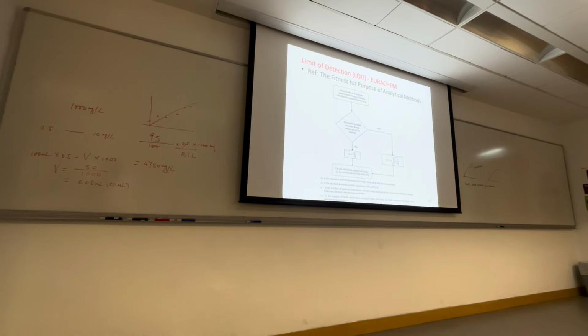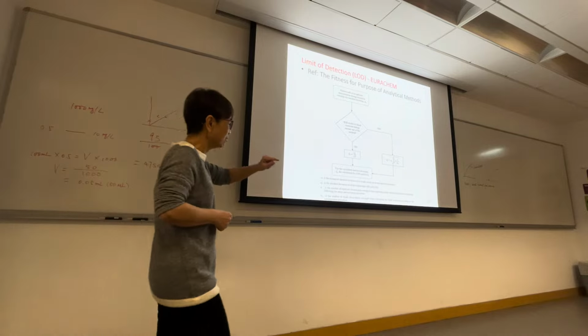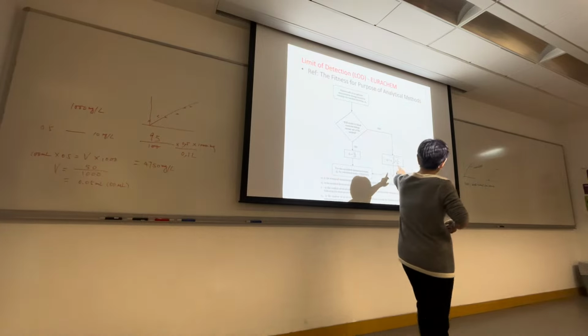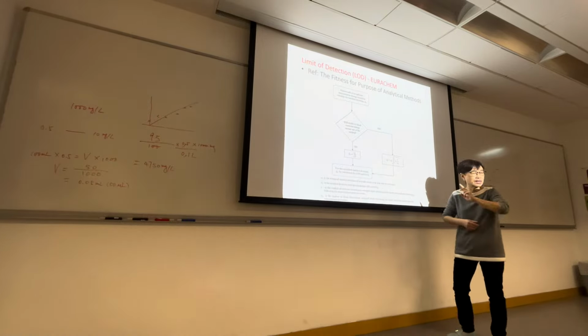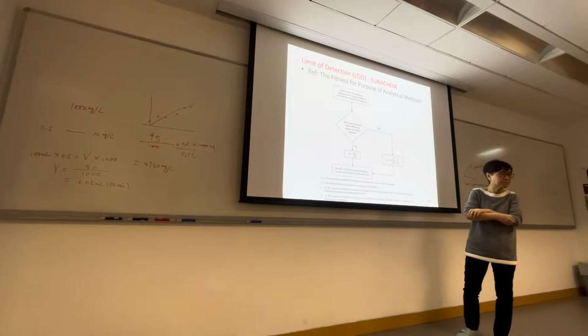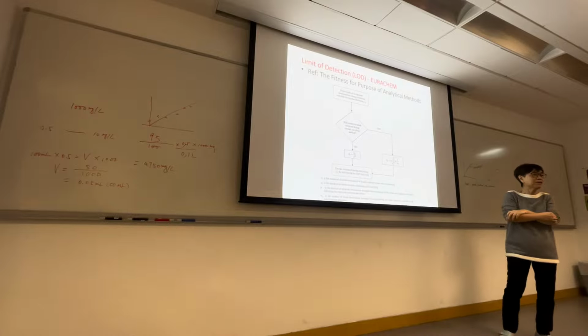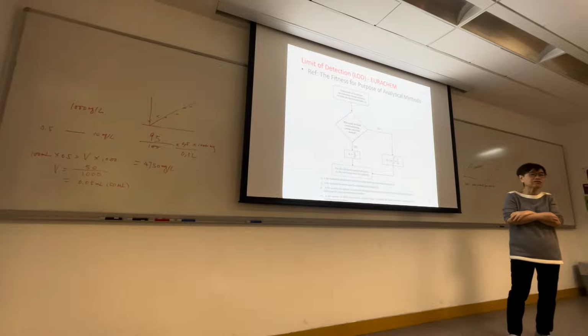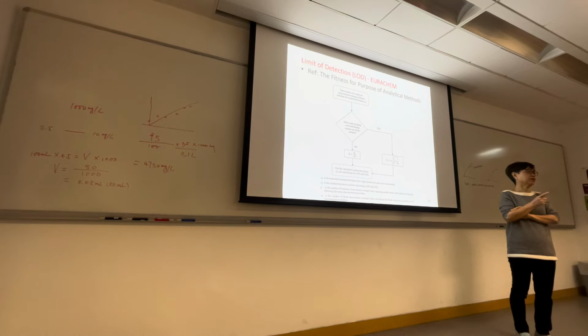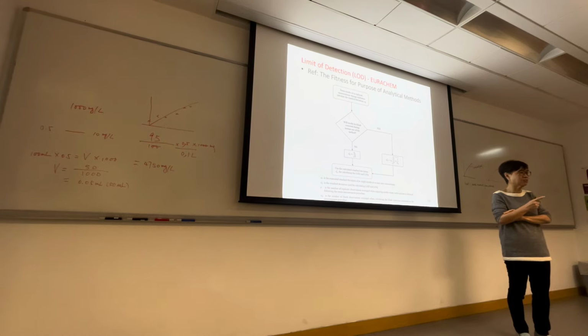So what about M and NB? NB is the number of times of measurement for the blank. Also, this is based on your method. For some standards or some in-house methods, they will correct the blank.